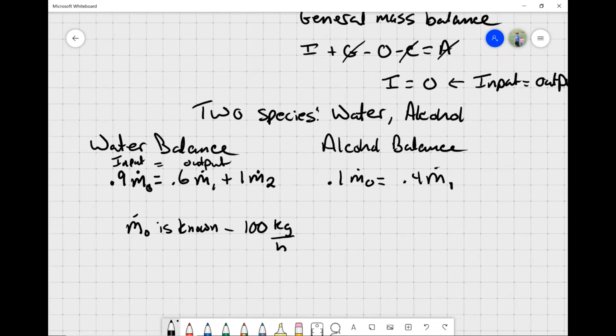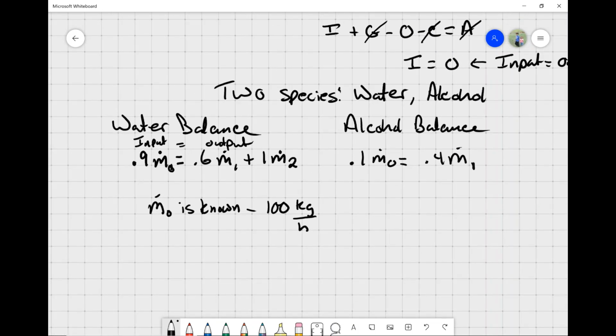So we can rewrite this. And so 0.9 times 100 is 90, and remember the units, but we can put the units in later. And this is 10.